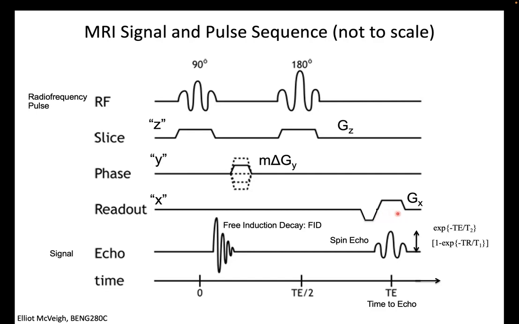So we encode in real time by the frequency that the magnetization vectors are precessing at the time we're sampling. We encode the X position of those magnetization vectors. So at this point, their Y location is encoded by a phase shift as a function of Y, and their X position is encoded by the frequency that we're seeing during the readout with this X gradient on, okay?